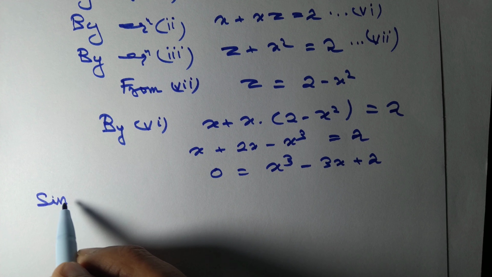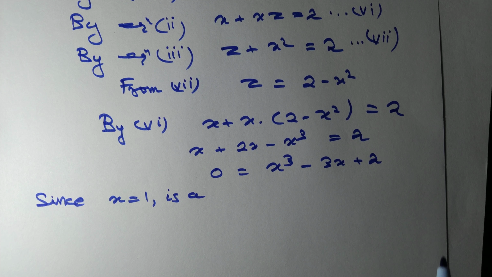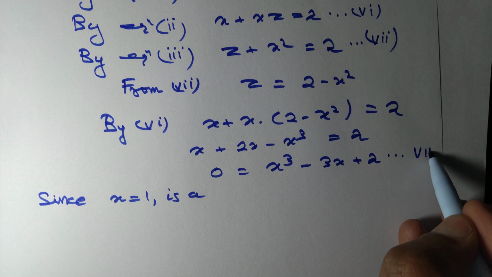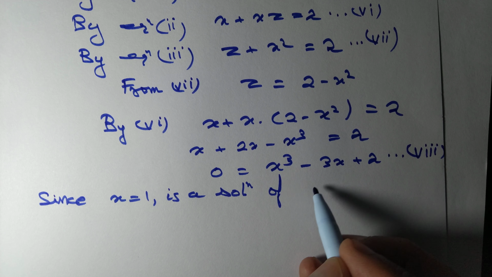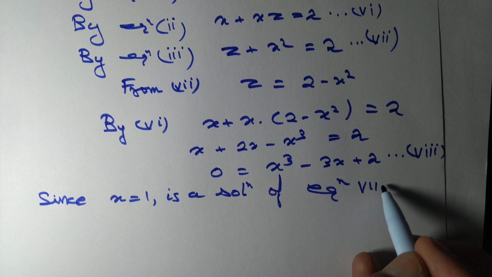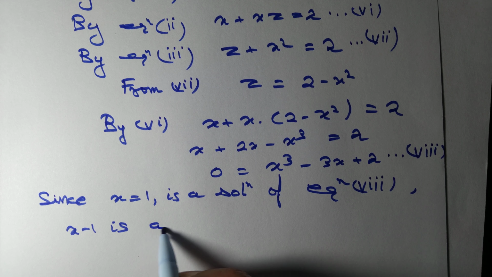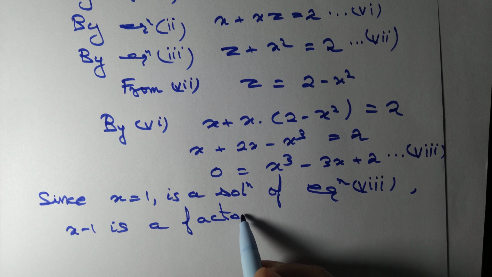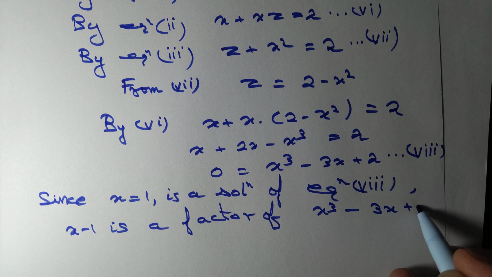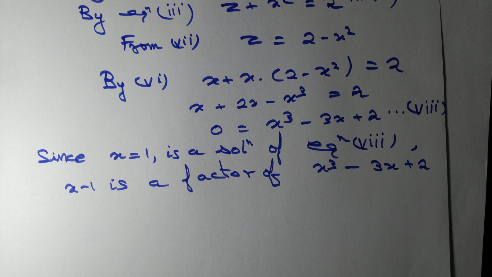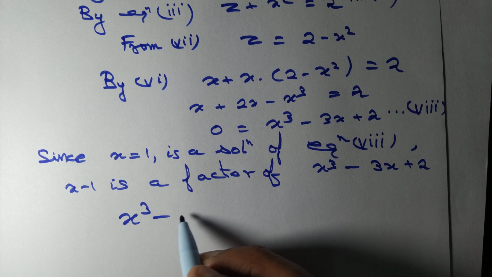Since x equal to 1 is a solution of equation, let's say 8, x minus 1 is a factor of x cube minus 3x plus 2. Therefore, we can write equation 8 as x cube minus x square.